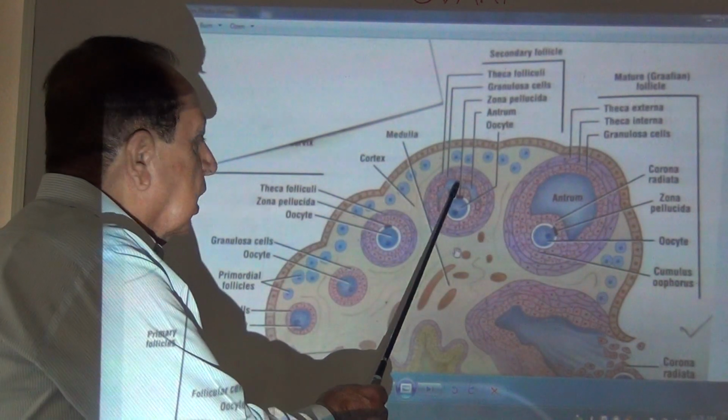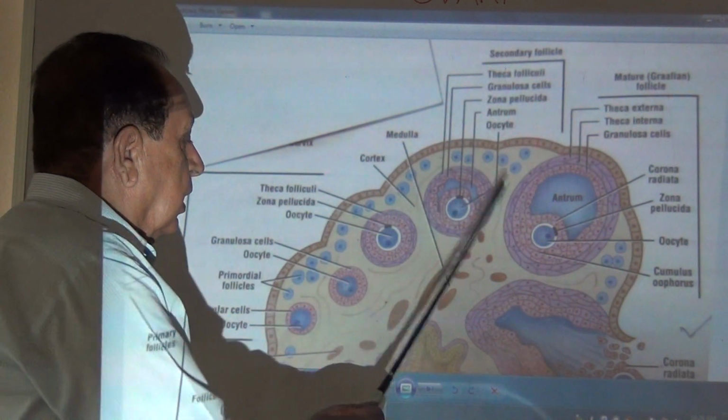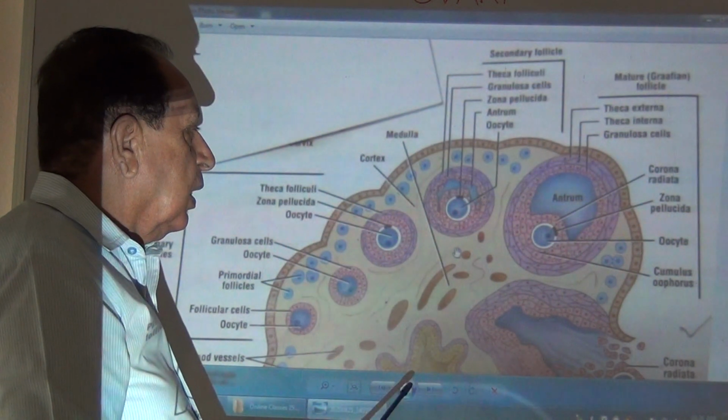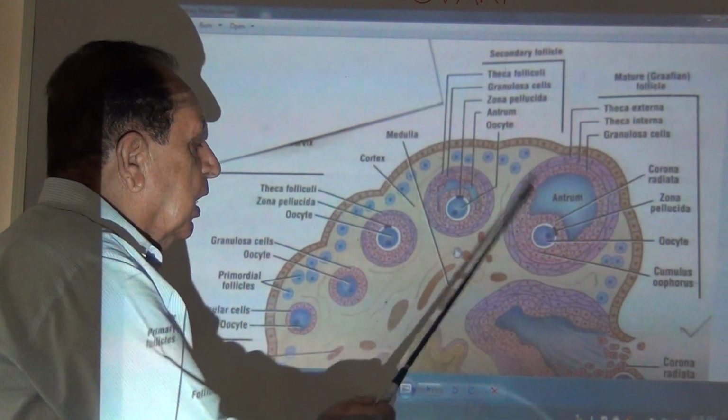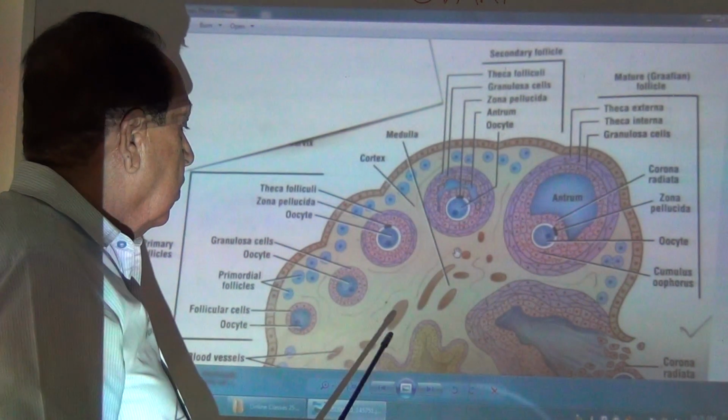Then it is called the secondary follicle. And the last one is the mature follicle. This mature follicle is called the Graafian follicle.